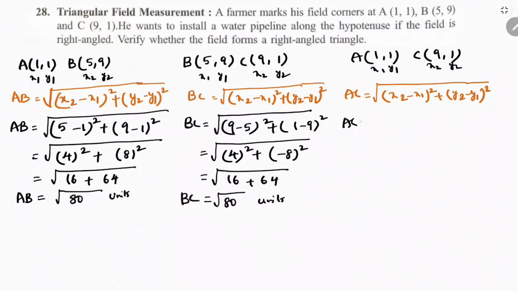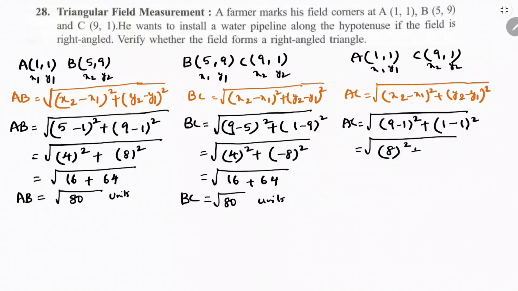If we substitute the values, under root 9 minus 1 whole square and 1 minus 1 whole square. 9 minus 1 is 8 square, plus 0 square. So it is root 64. AC is root 64.